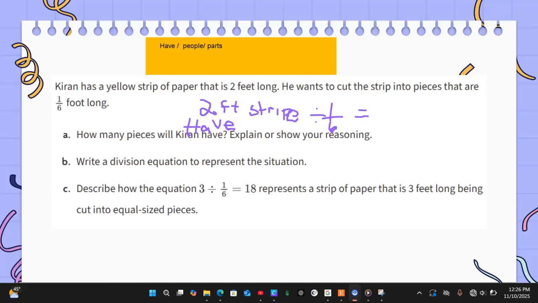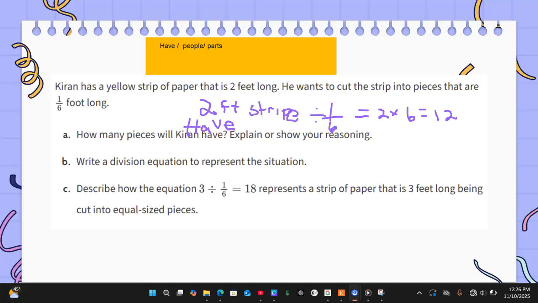And I could also write that as 2 times 6 equals 12.